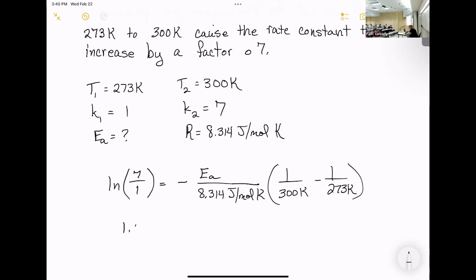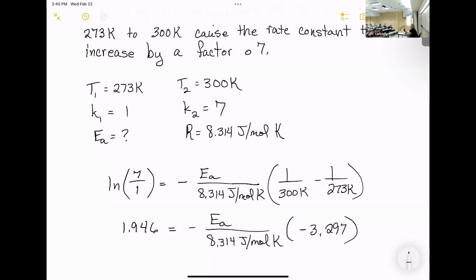So we get 1.946 is equal to a negative E sub A over 8.314 joules per mole Kelvin times negative 3.297. In other words, all I did was start simplifying things.